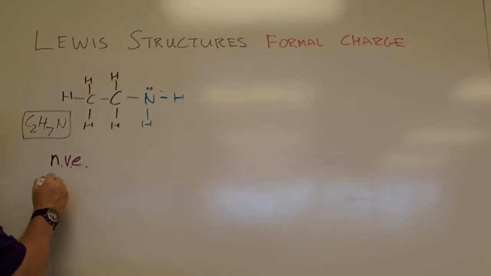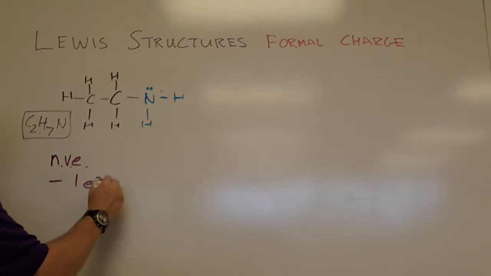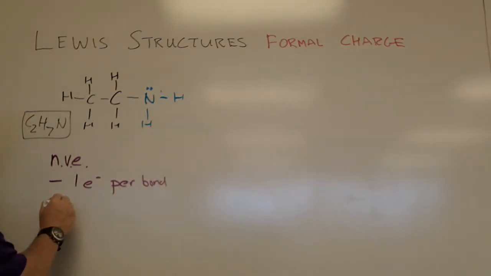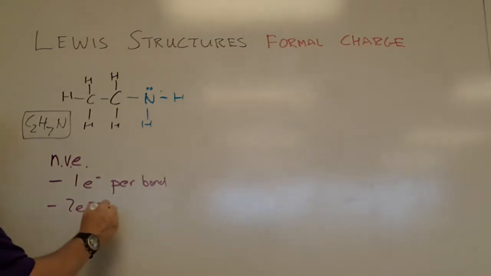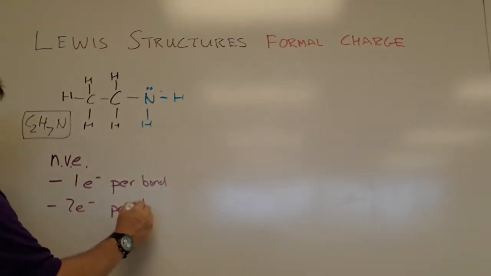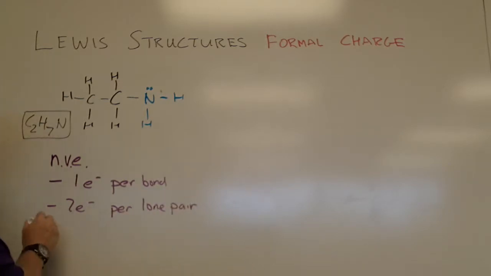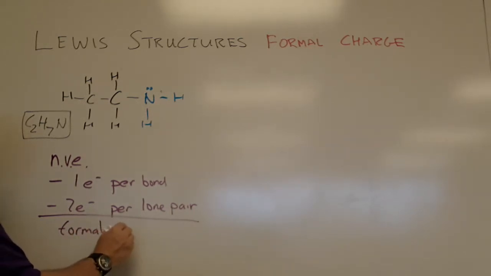Then I subtract 1 electron per bond, and I subtract 2 electrons per lone pair. This gives me the formal charge of that particular atom in the Lewis structure I have drawn.